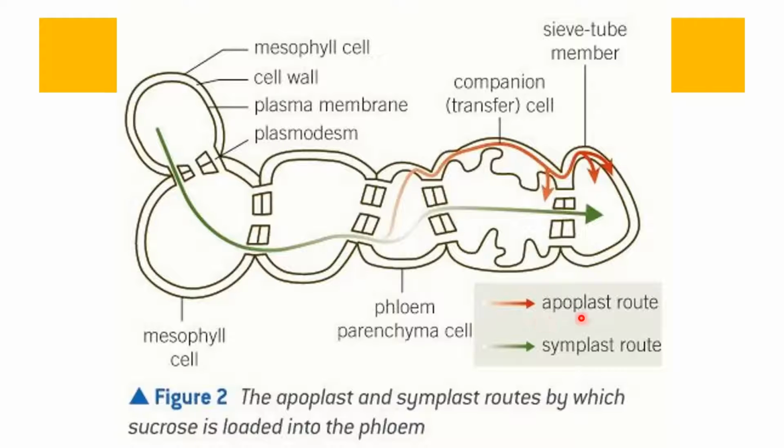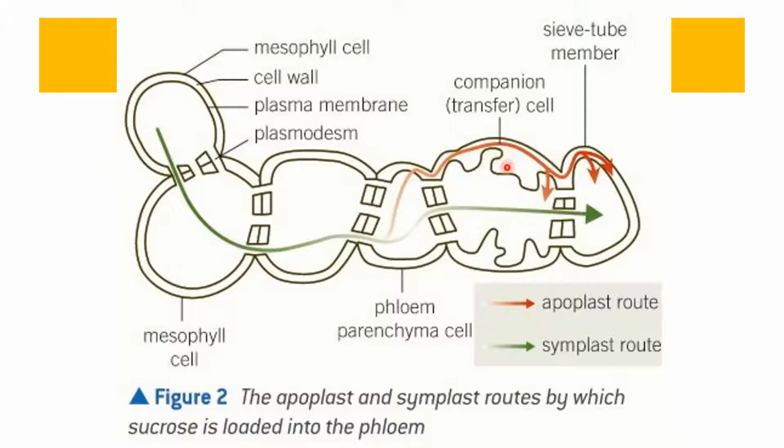And if you look at the apoplast route, apoplast actually involves active transport. See here, as the sucrose is being transported through this phloem parenchyma cell, it has to follow the apoplast pathway.